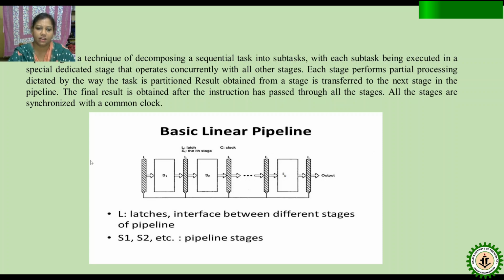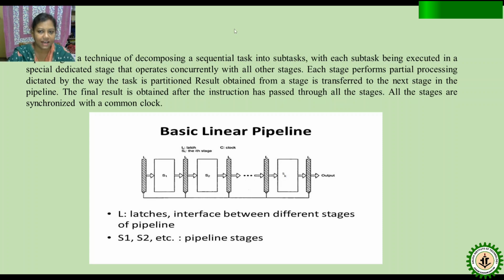So first we check the diagram. This is a basic linear pipeline structure. L is the latches. Latches means between two stages, this is actually treated as a buffer. And what are the stages? S1, S2 up to Sk are the different stages, meaning pipeline stages. Now one job comes into your system.